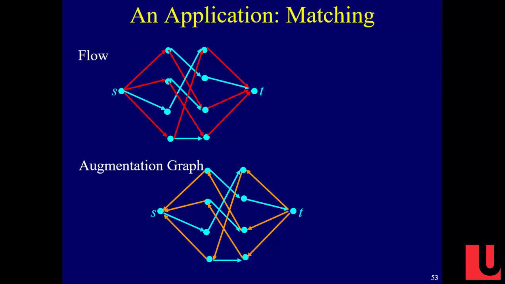So what's our augmentation graph is where there's blue, we can push more flow, right? And when we have flow already, we can undo that flow, right? So if we look for a path in this graph from S to T, well, there's only one path, right? Oh, no, here.